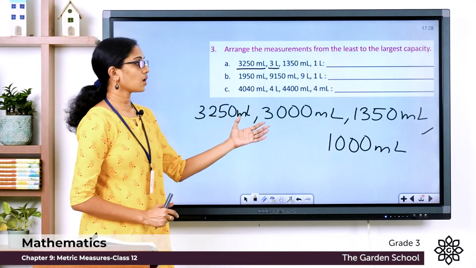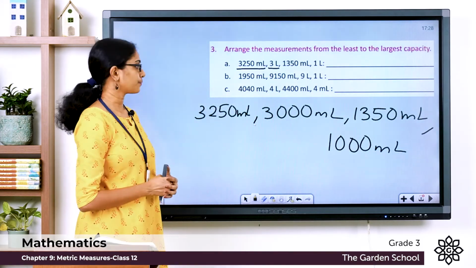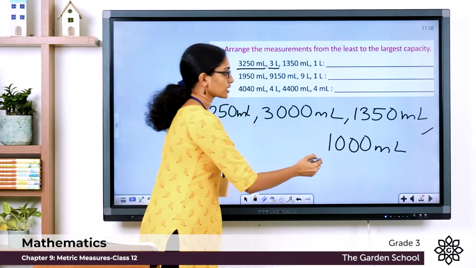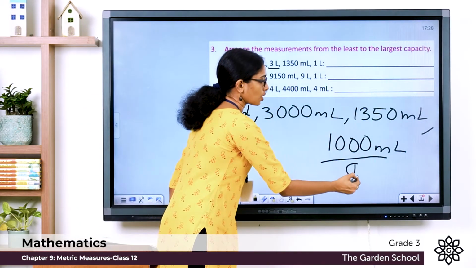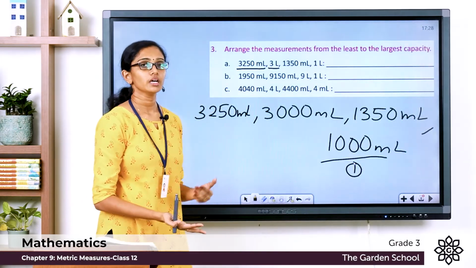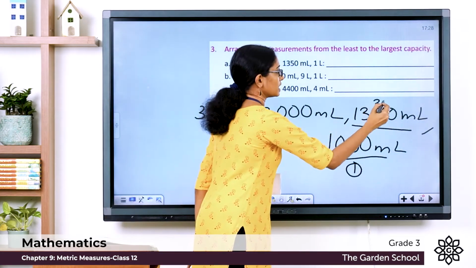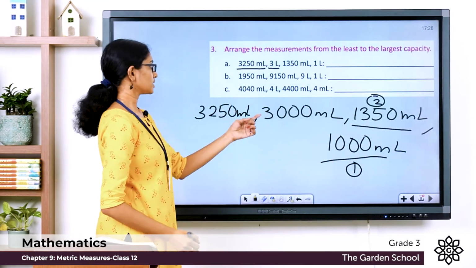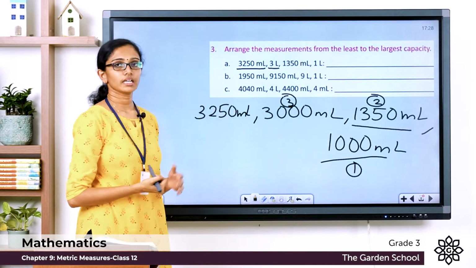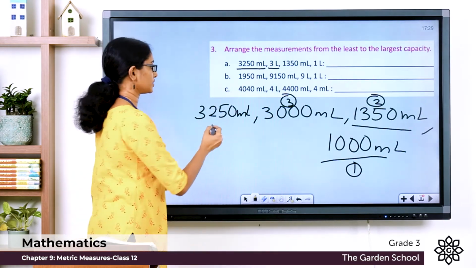Now that all the measurements are in the same unit, we can easily compare each of them. So which is the smallest among these four? The smallest among these four is 1000 milliliters or 1 liter. So that comes first in the list when you arrange them in ascending order. So next comes 1350 milliliters, and then 3000 milliliters. Then the largest among these capacities is 3250 milliliters.